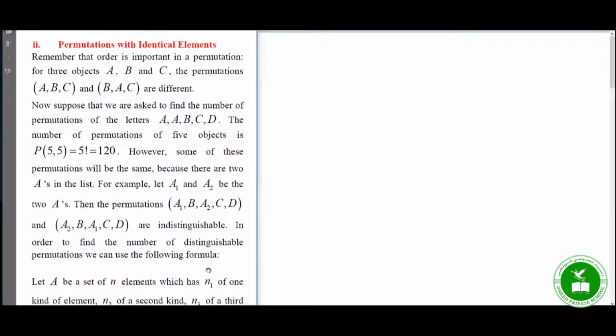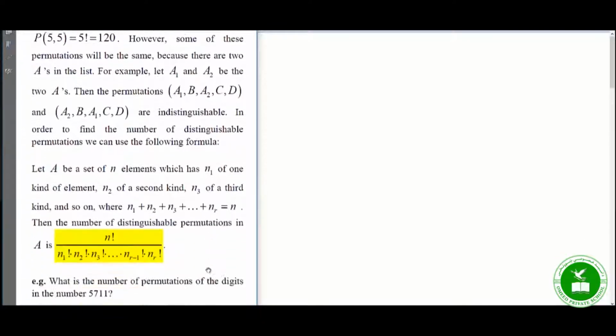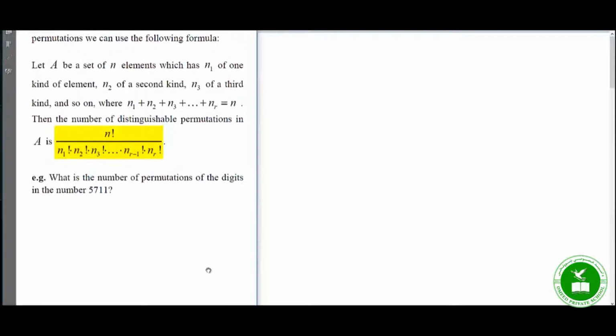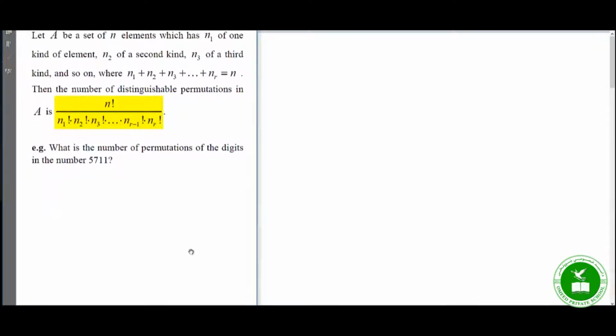So for these types of permutations, what should we do? How can we calculate it? We can calculate it using this method.